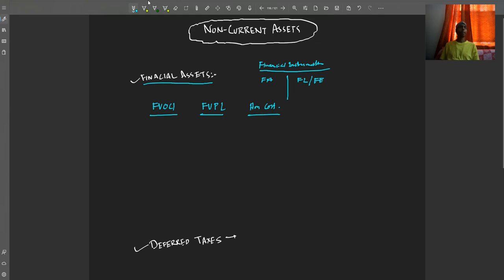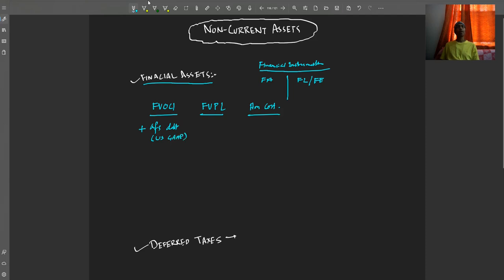Let's see. Fair value through other comprehensive income. In this, available for sale debt securities are definitely there. This is under US GAAP.